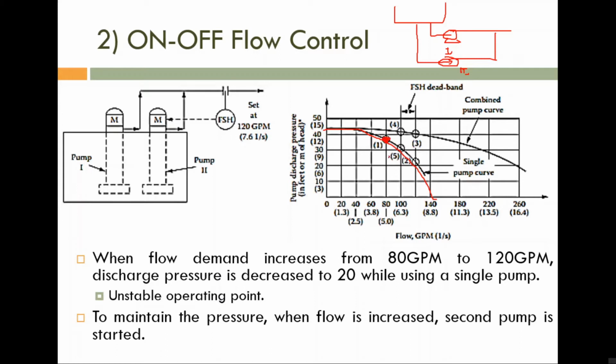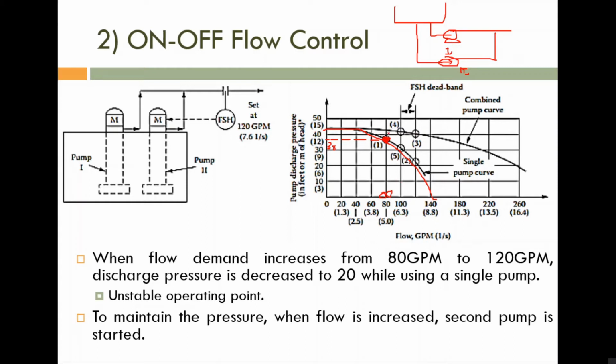We label it as operating point number 1, where the pressure is something around 38 psi and the flow rate is 80 GPM. That means the pump is currently pumping liquid with a flow rate of 80 GPM, where the discharge pressure is 38 psi.